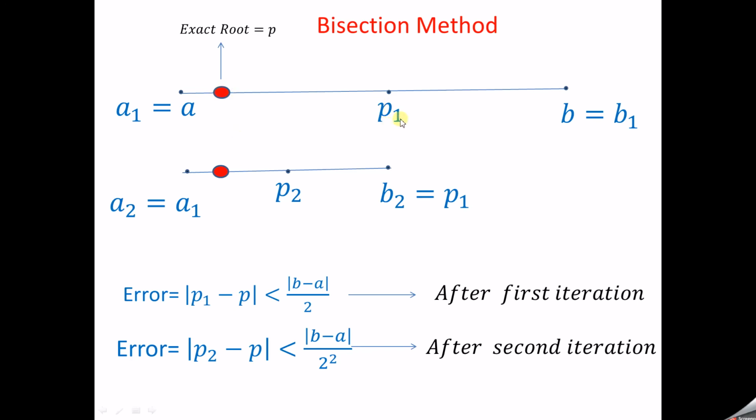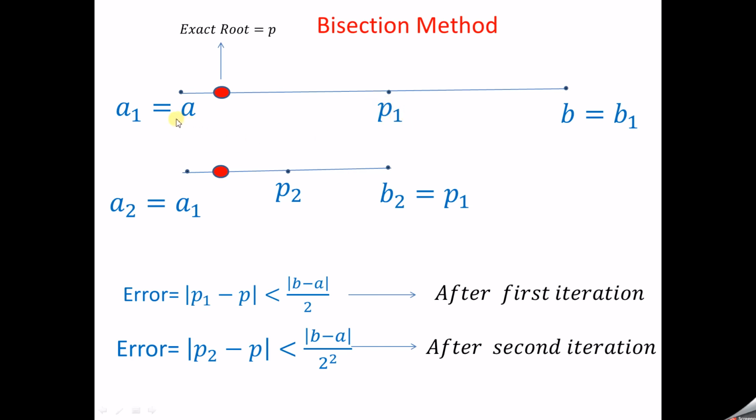Now the first approximation in the bisection method is P1, which is the midpoint of A1 and B1. P1 is A1 plus B1 over 2. Now once you get P1, again we get to the second interval by checking the function value at P1.